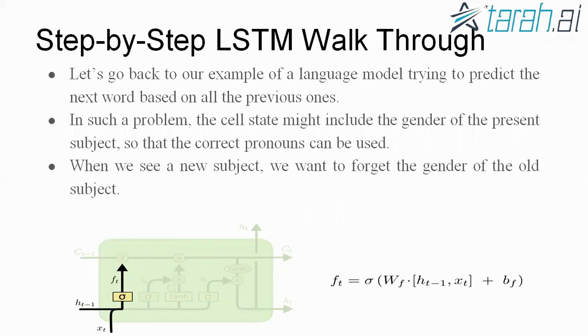So for example, if you're predicting the next word based on the previous ones, and the cell state wants to include the gender of a person, then the current pronouns can be used. If you see a new subject, when Mary is replaced by say John, then sigma will become 0 here, so that the previous state is not passed on to the current information.